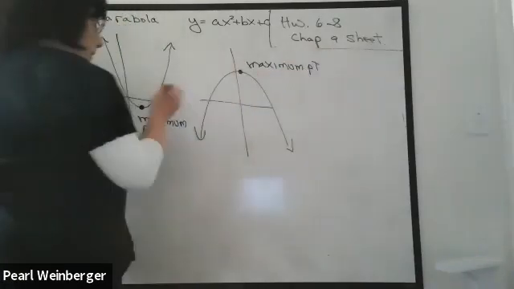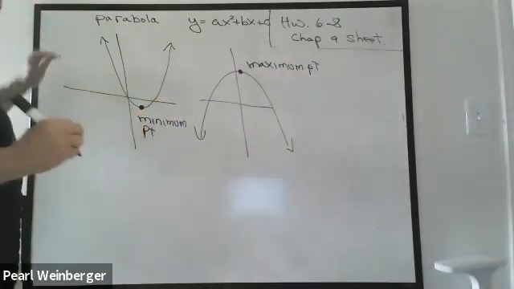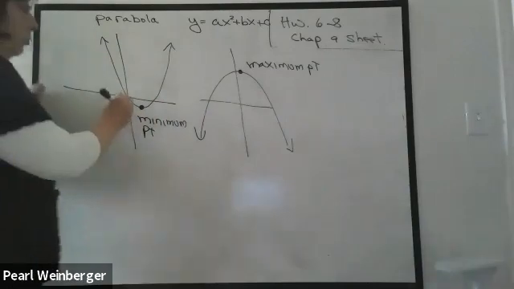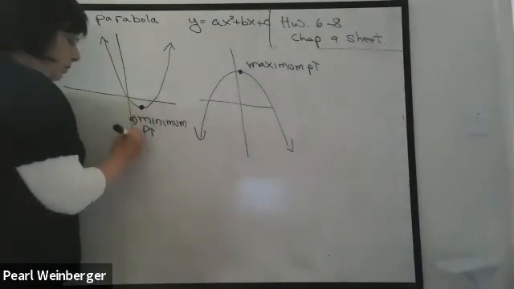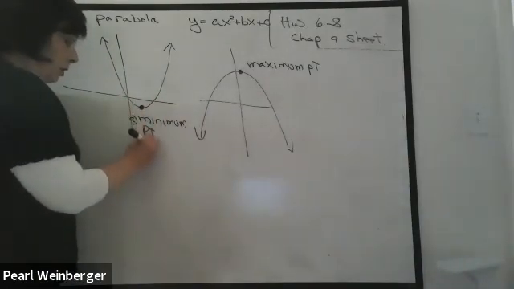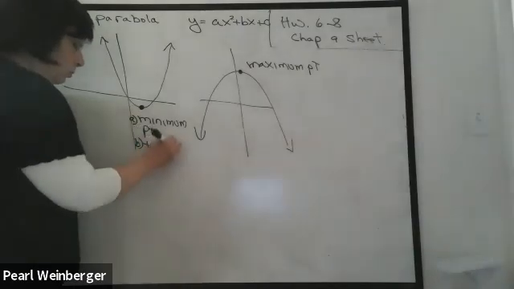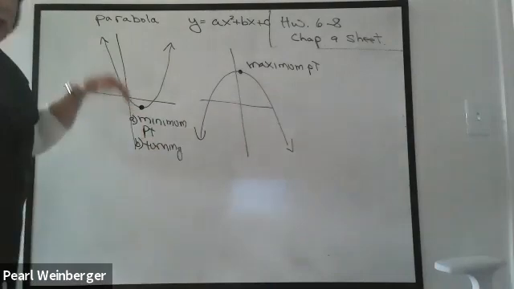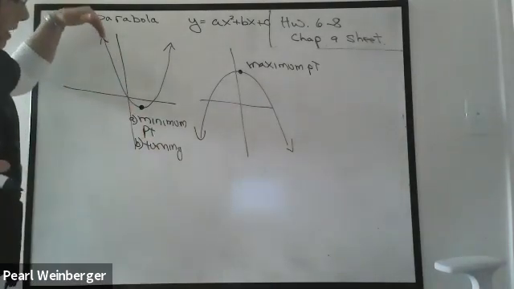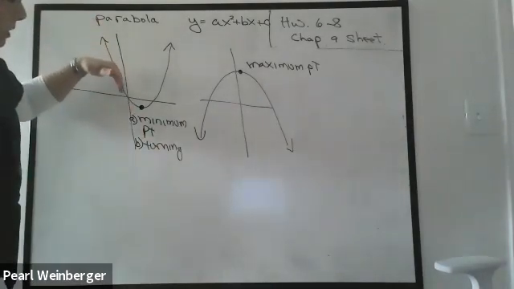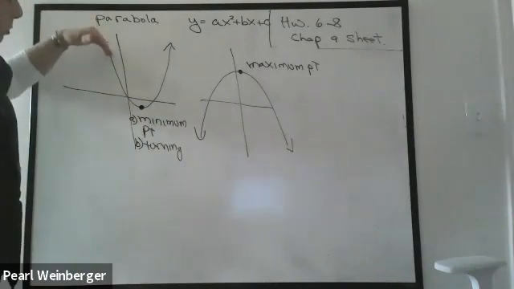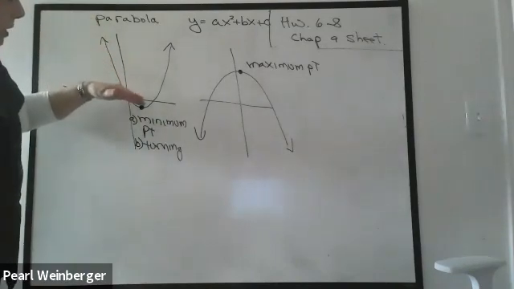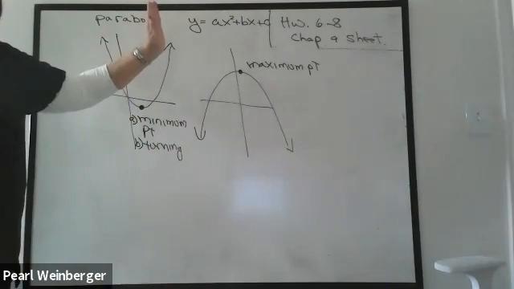So this point is also called the turning point. It's basically the point where this is not a straight line, this is a curve. And what's happening is your curve is going down, down, down. So we're going from left to right over here, going down, down, down, and suddenly it turns around and we're going up.